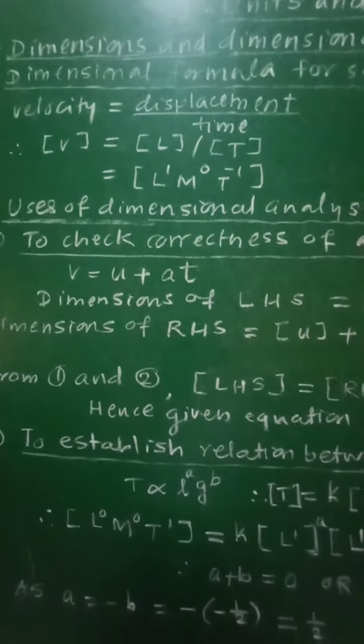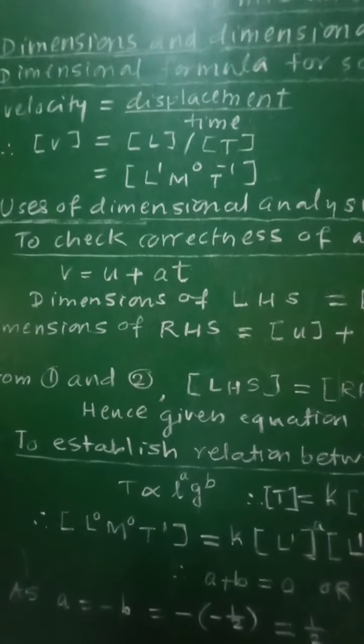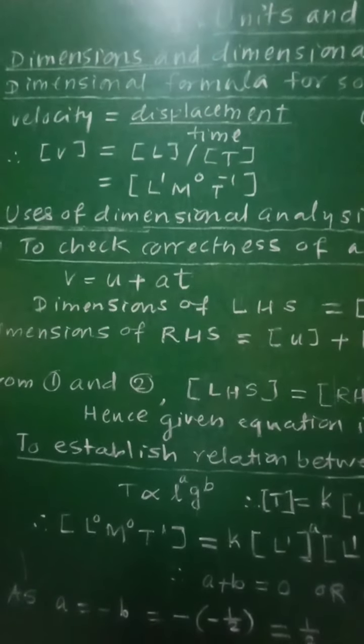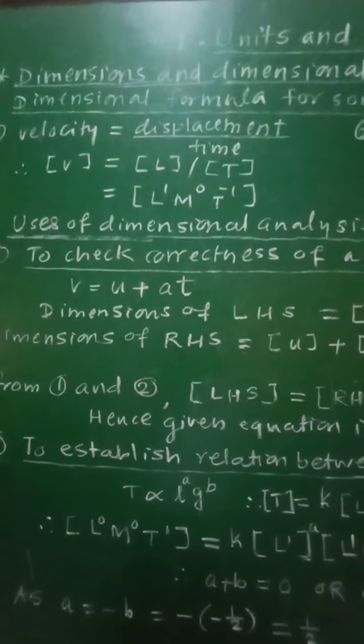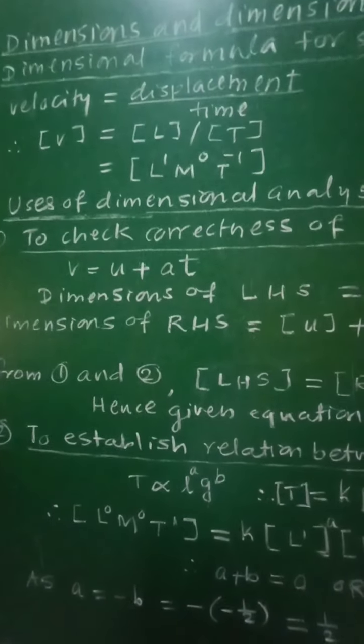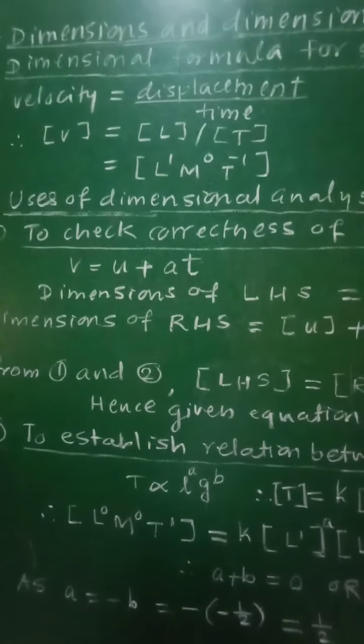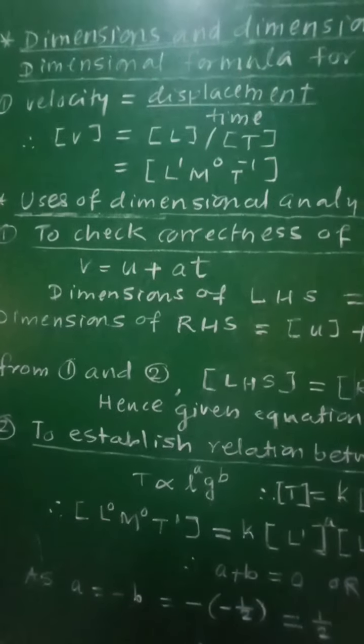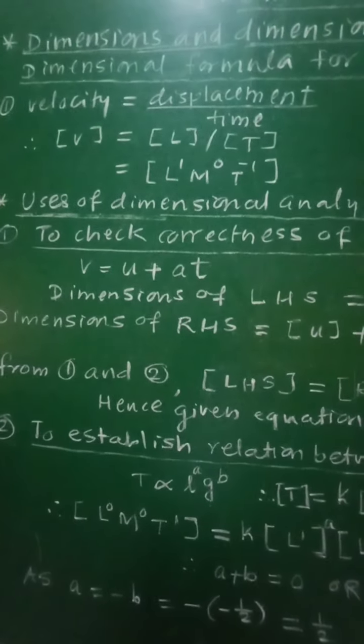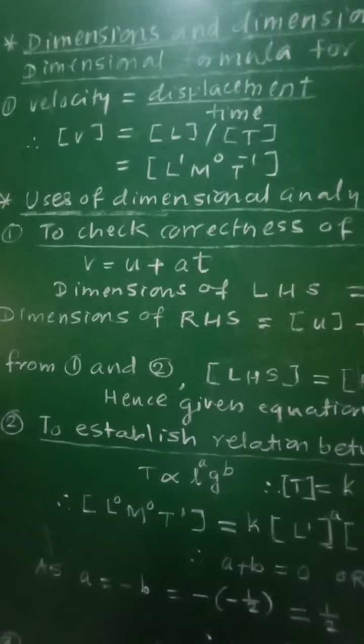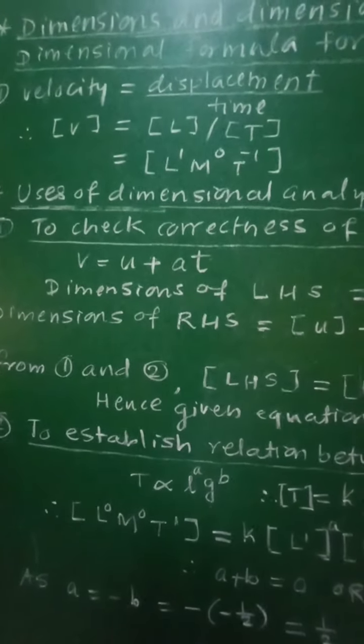And in order to check the correctness of the given physical equation, we have to use the principle of homogeneity. According to that principle, however many terms are involved in the equation, all these terms must have the same dimensions.